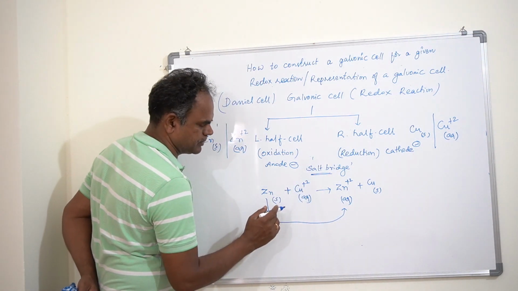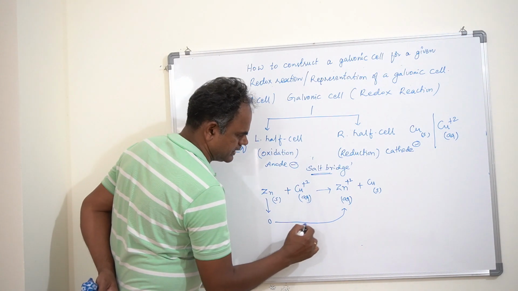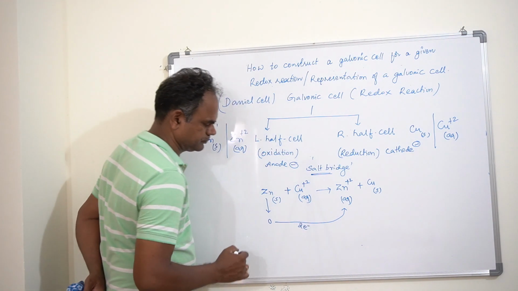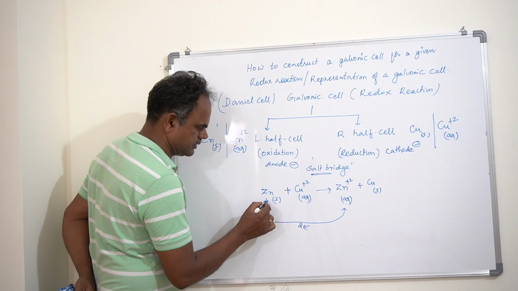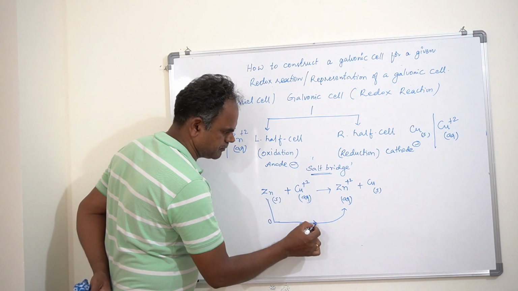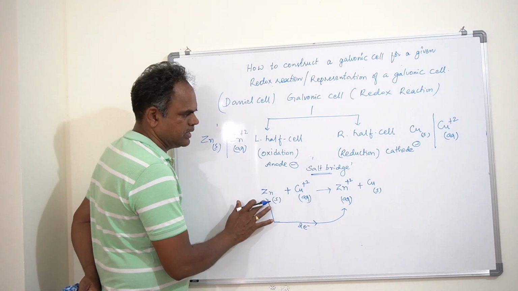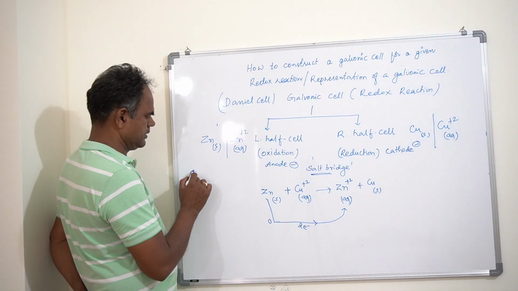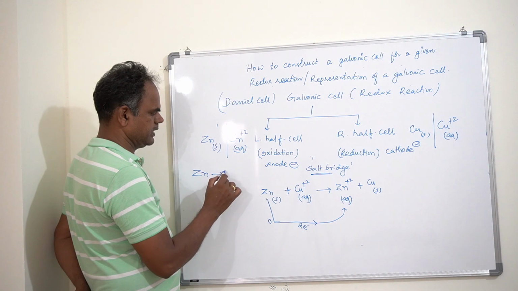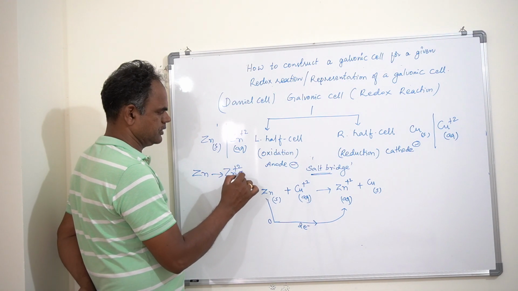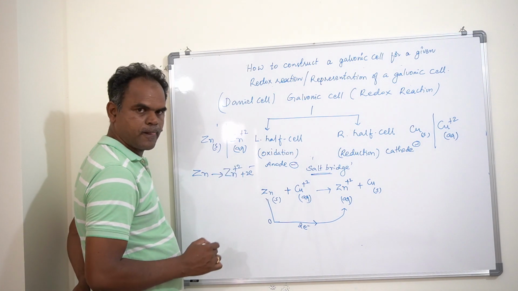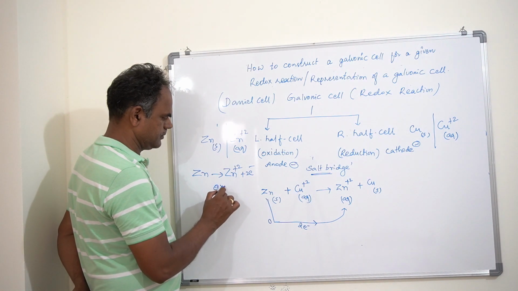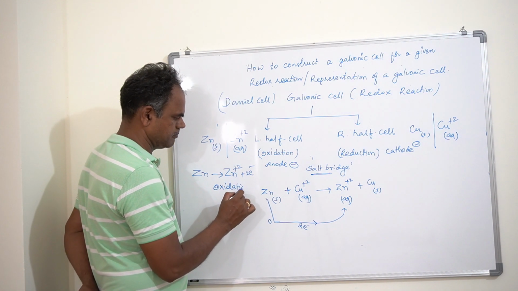So zinc gets oxidized: Zn gives Zn2+ plus 2 electrons, which is called oxidation.